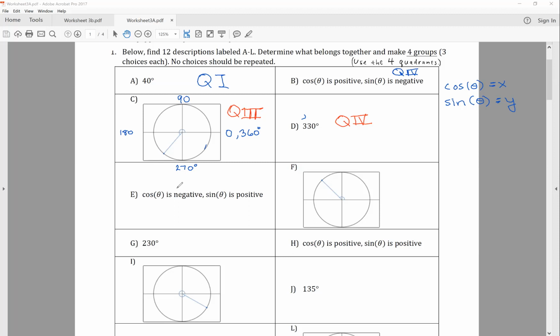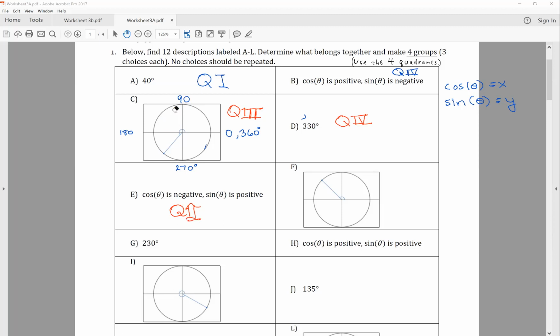Cosine is negative is to the left of the y-axis, and sine is positive above the x-axis. So that would leave me in quadrant 2. Here, x is negative, y is positive.